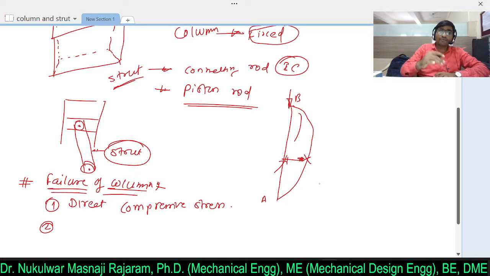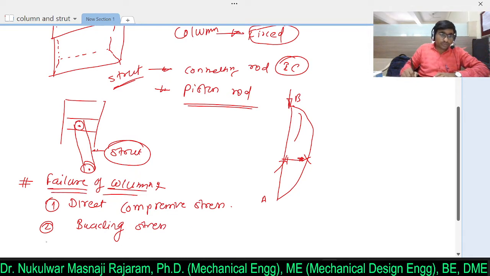Now we are learning the failure of a column. Failure of a column may take place because of the direct compressive stress. Next is because of the buckling stress. Clear?